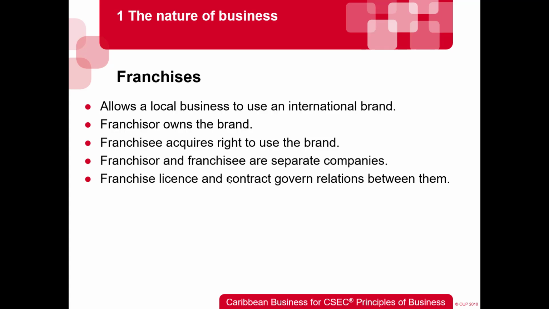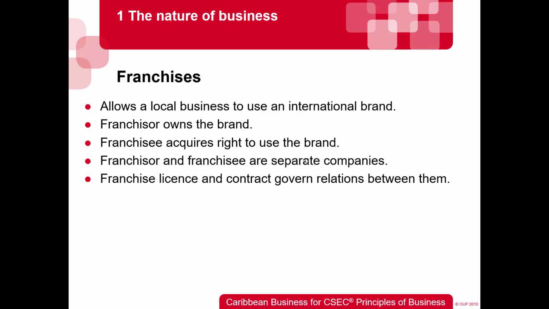They are separate entities. They just have the right to use the brand of KFC, the logo, the recipe, everything of KFC, but they are separate companies. But the Scotia in Jamaica is a branch of a bigger organization, a bigger company. So that's a key difference you should remember.